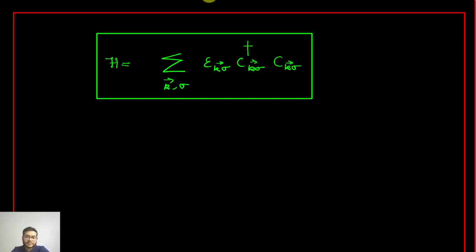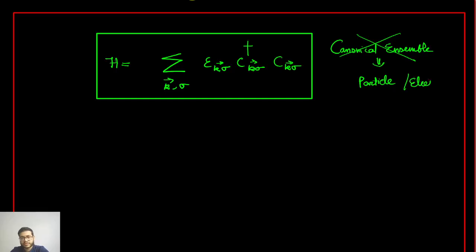Now, this is called the canonical ensemble. That's again a jargon, and the name is not important. What it means is that particle or electron number is conserved. But generally, in practical systems, electron number is not conserved.